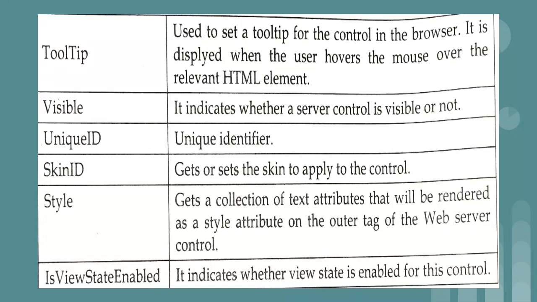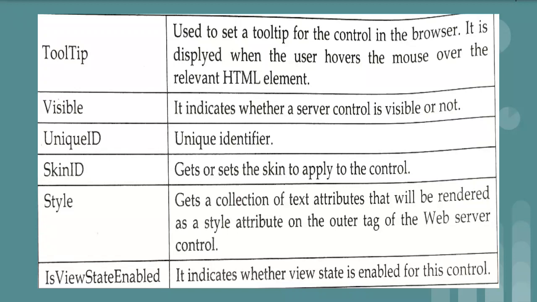In that we have heard one word, that is view state. If we have set the EnableViewState property, then whatever the state of a specific control is, that will be stored each and every time when we call the auto post back event or when we refresh the page. So these are the common properties which are applicable for all the controls. This question is often asked: explain the common properties of web server controls.